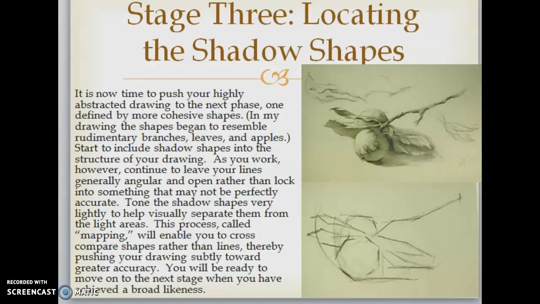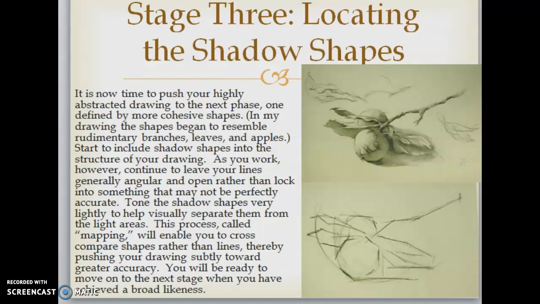For stage 3, locate the shadow shapes. It's now time to push your highly abstracted drawing to the next phase, one defined by more cohesive shapes. In my drawing, the shapes begin to resemble rudimentary branches, leaves, and apples. Start to include shadow shapes into the structure of your drawing. As you work, however, continue to leave your lines generally angular and open rather than lock into something that may not be perfectly accurate.